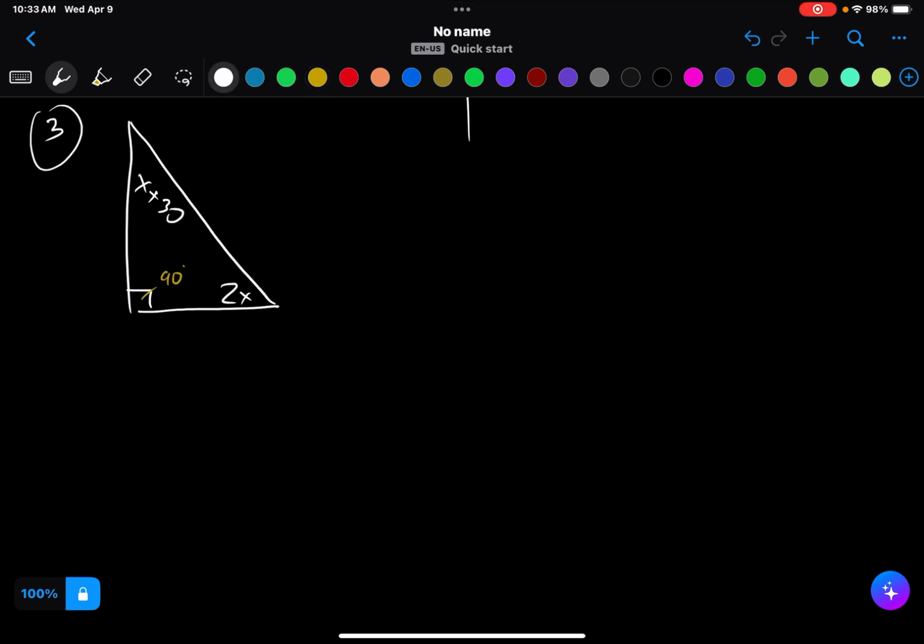So again, add them all up. So it'll be x plus 30 plus 2x plus 90 equals 180. So now combine your like terms. You have x's here, and then you have non-x's here. So you're going to get 3x plus 120, because 90 plus 30 is 120, equals 180.